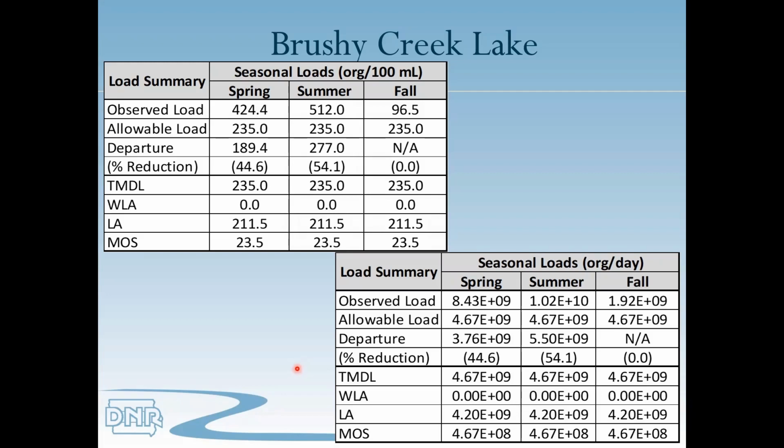And we can see from looking at the two tables that it provides us with the same information: during the spring and summer, there's a reduction needed in E. coli to meet water quality standards, and that reduction is the same for both tables.